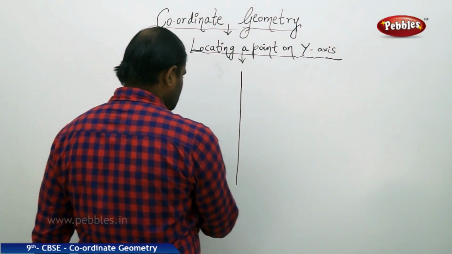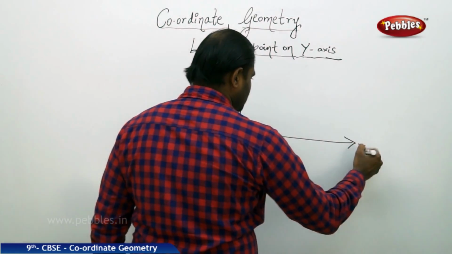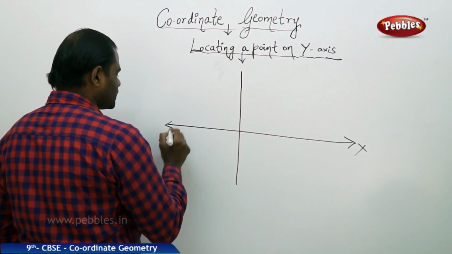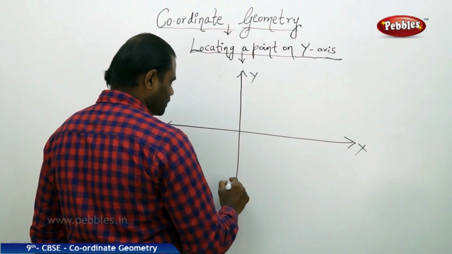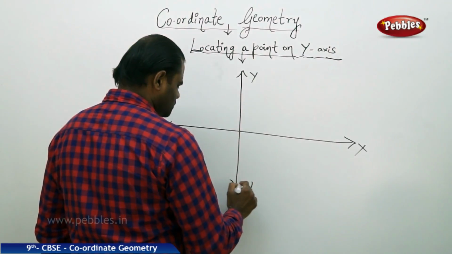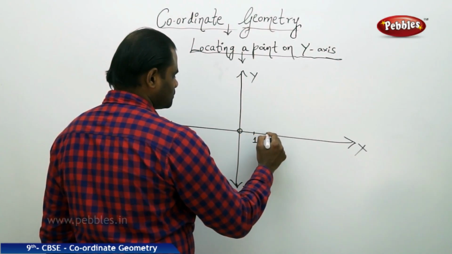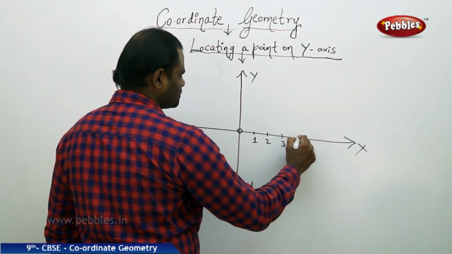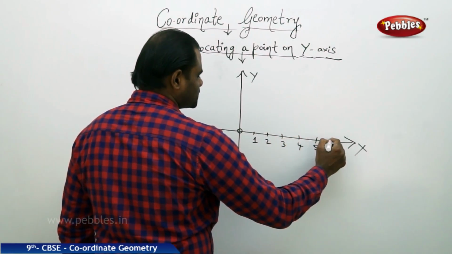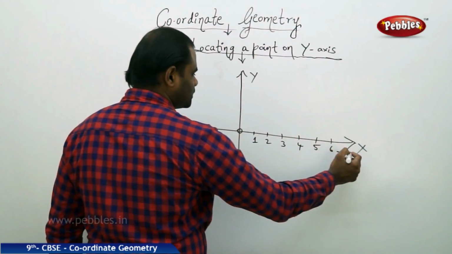Imagine the Cartesian plane x, x dash, and y, y dash, with each of the points taken in this form.